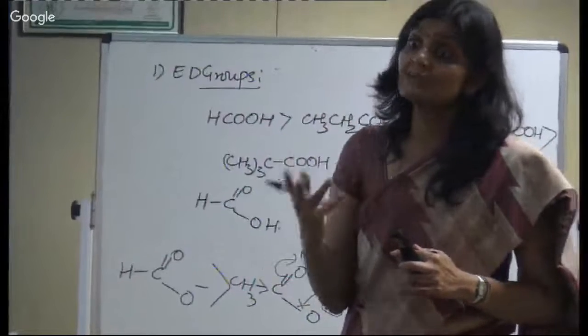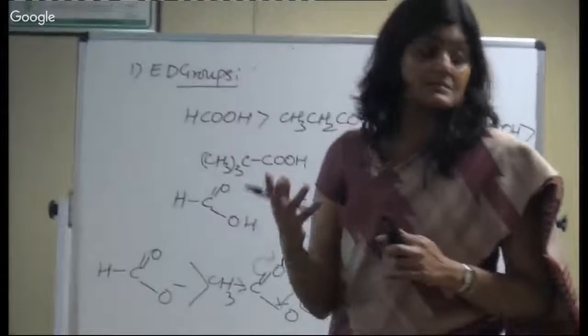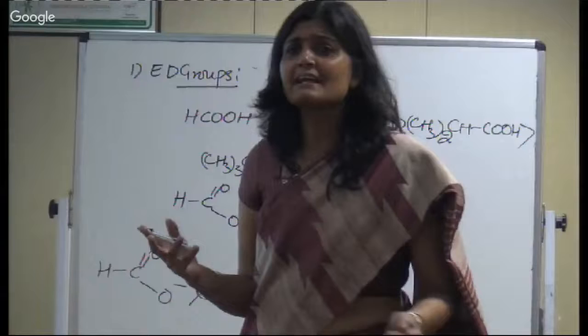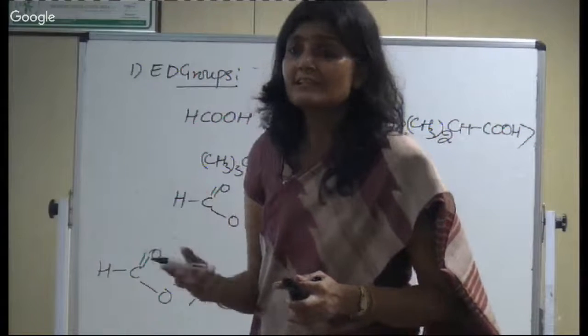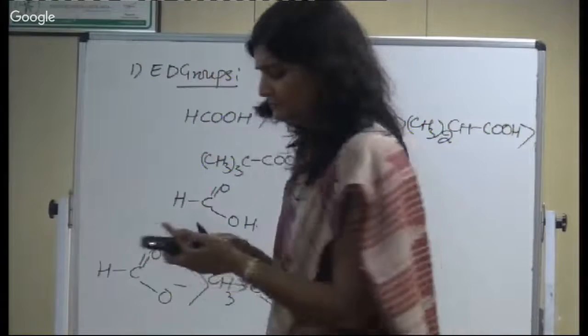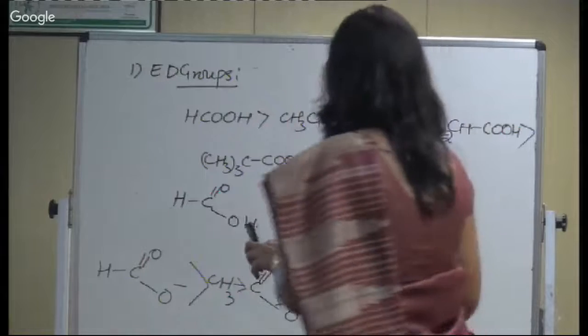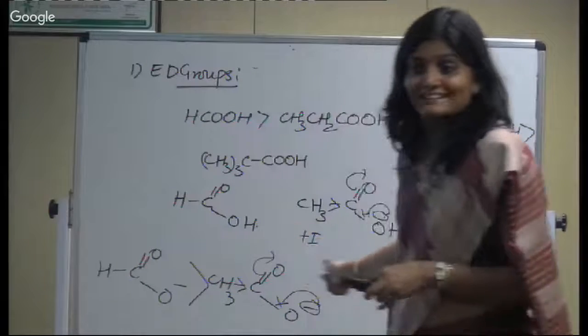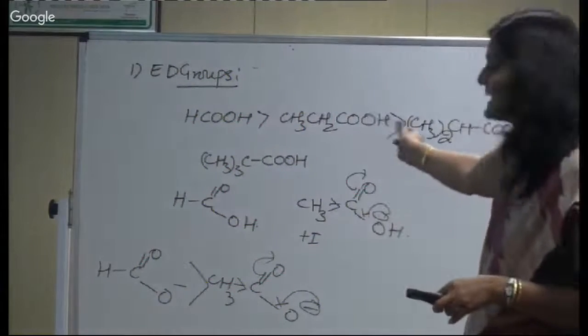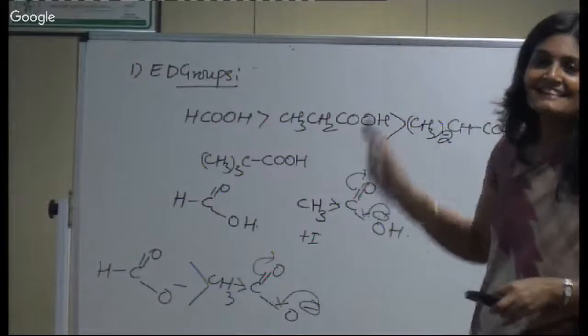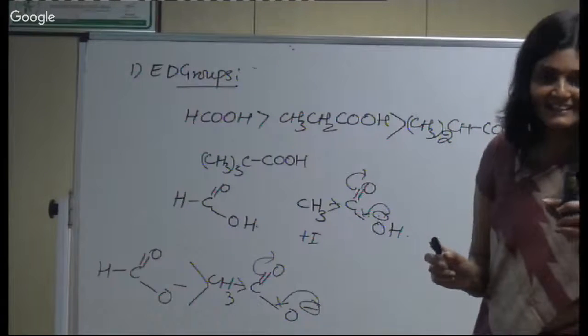In case of an electron donating group, the stability of the carboxylate ion is decreasing, right? ठीक है ना? So as the chain length increases, the acidic character will go on decreasing. ठीक है बेटा?